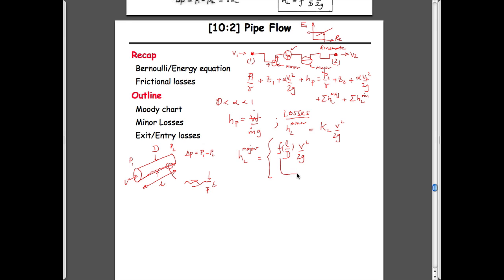I guess this is always true, but the friction factor differs for laminar flow. If you remember the movie we looked at last time, laminar, and the magnitude of the friction factor is equal to 64 divided by the Reynolds number, where the Reynolds number, well, let's do that later.